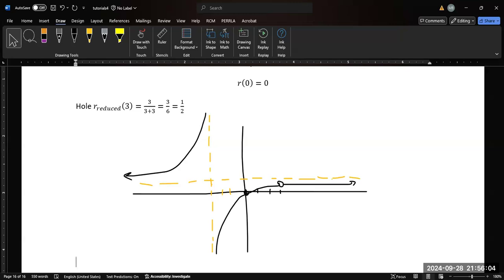Now, one thing to keep in mind is Desmos is not going to plot this hole, but when we try to find it on the graph, it is going to say that it's undefined. So let's see what we can do. x minus 3.